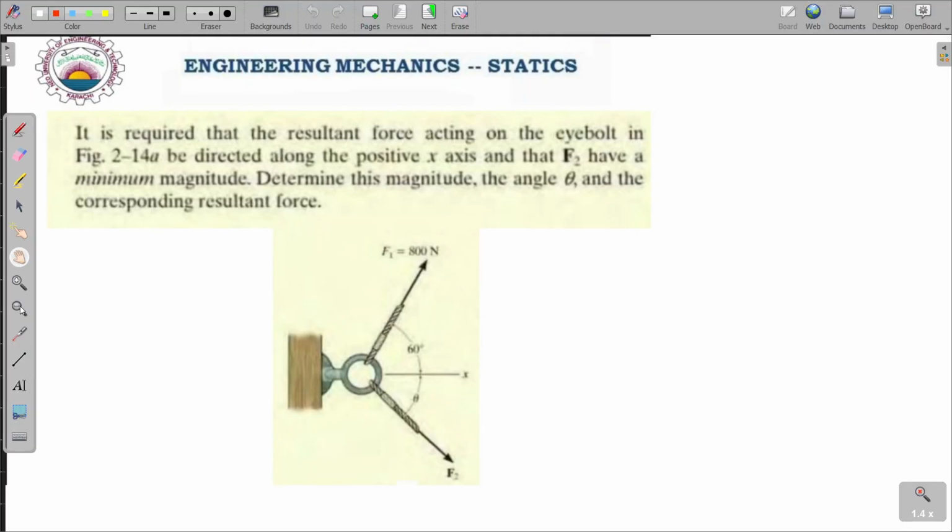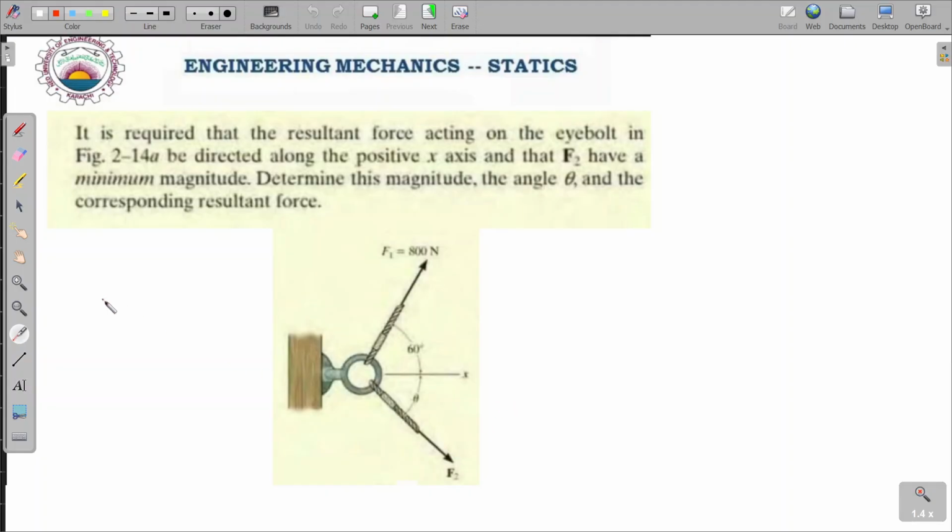So we are here at the problem, this is the question, and this is the figure of the problem. One of the ways to start is to construct a parallelogram.